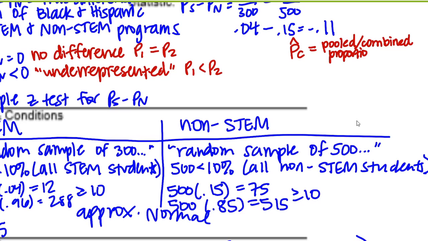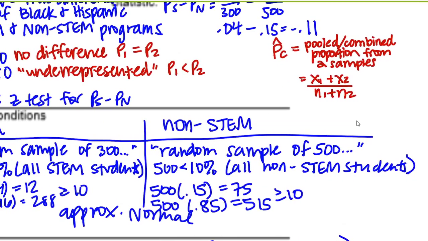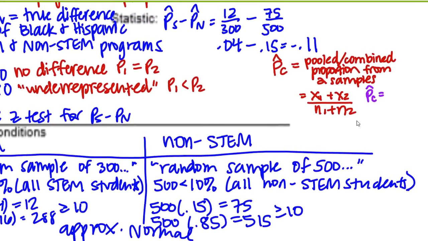So the formula for it is to take x1 plus x2 over n1 plus n2. And so in this problem, let's see, I'll just pick a different color pen, maybe purple, to show that. And so we're going to do P hat C equals 12 plus 75 over 300 plus 500.